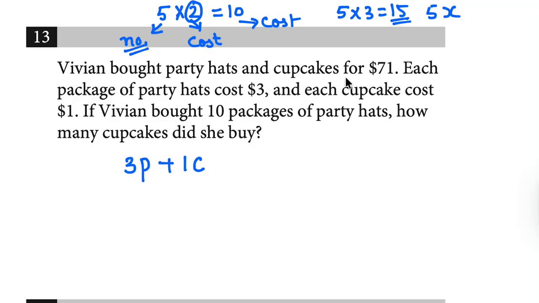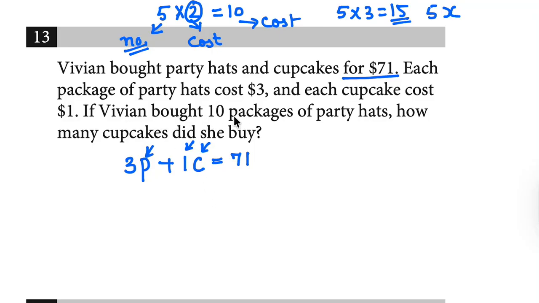In this question, the total cost is $71. So one party hat is $3, and we don't know the number of party hats, so let's say it's P, and $1 is the cost for cupcakes, and let's say C is the number of cupcakes. Then the total cost is $71. Okay, that much part is decoded.